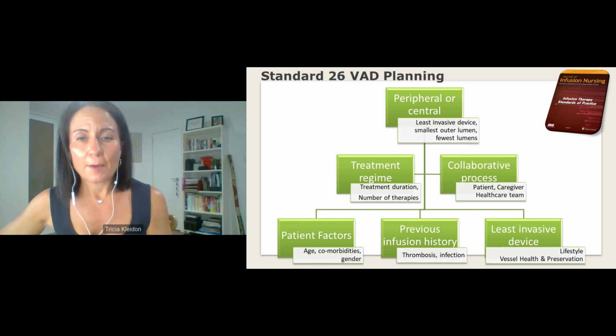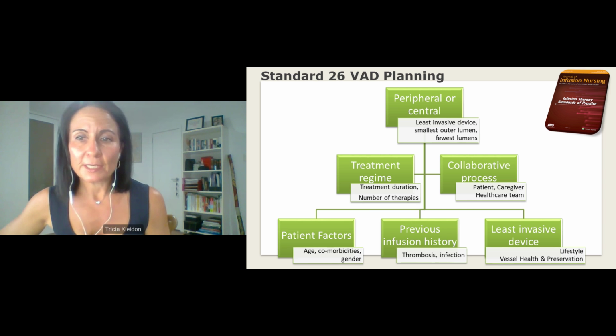So the next step is, if intravenous therapy is considered the best course of action, the next logical question is: is the intended infusion peripherally compatible, or is a central venous access device required? So what will be the treatment regime? How many concomitant therapies will be prescribed? What is the intended duration of therapy?